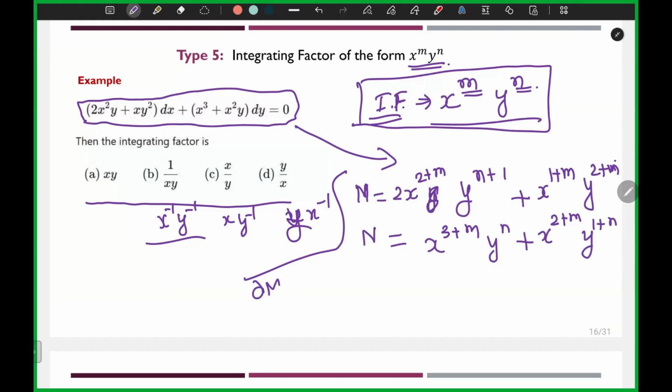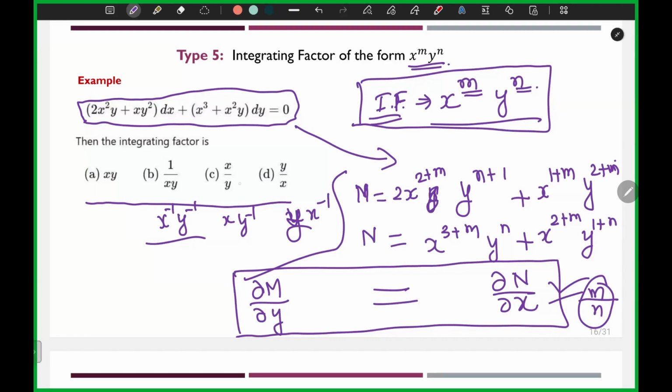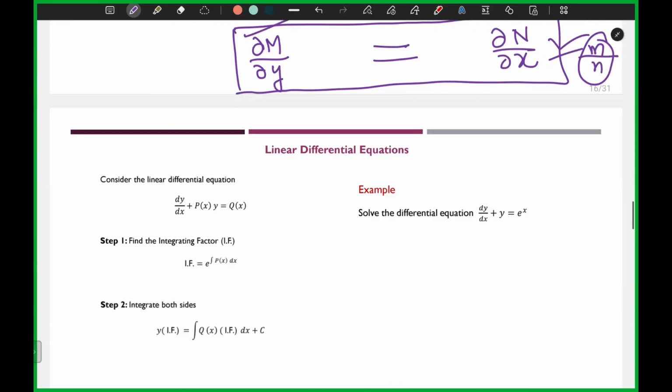Now you have to do del M upon del y and del N upon del x, and equate the coefficients of similar powers. You equate the powers, and we can find out the values of m and n, and then you can find the correct option for the integrating factor. You can easily find it using this.